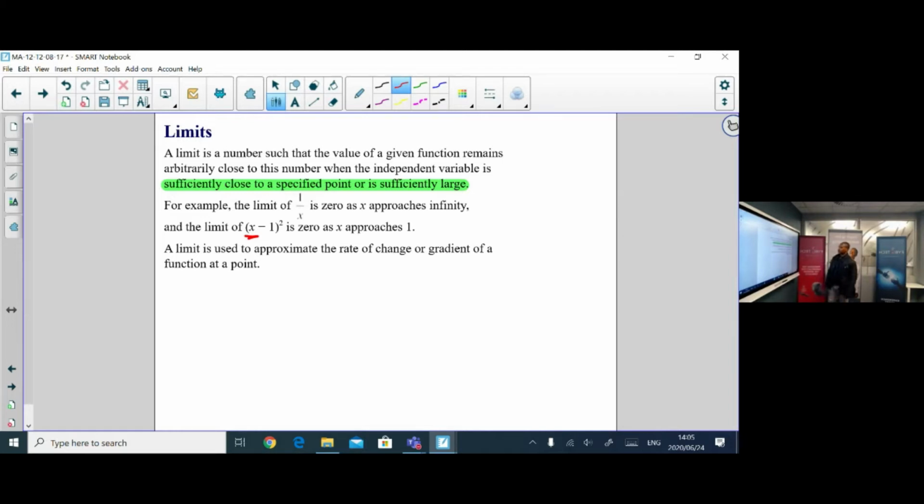A limit is used to approximate the rate of change or gradient of a function at a point. There are many examples where we use limits. In mathematics, we are talking about that particular point that a certain variable or value is tending towards.